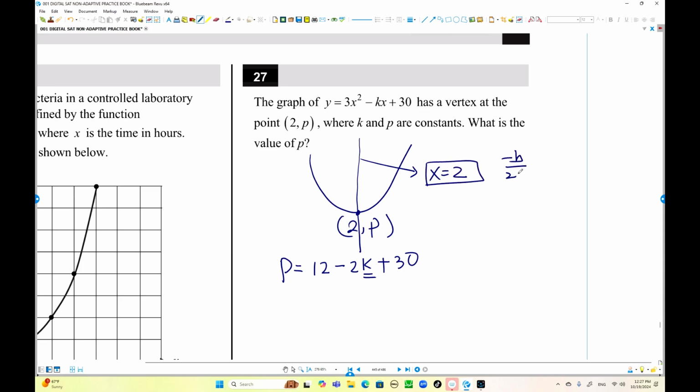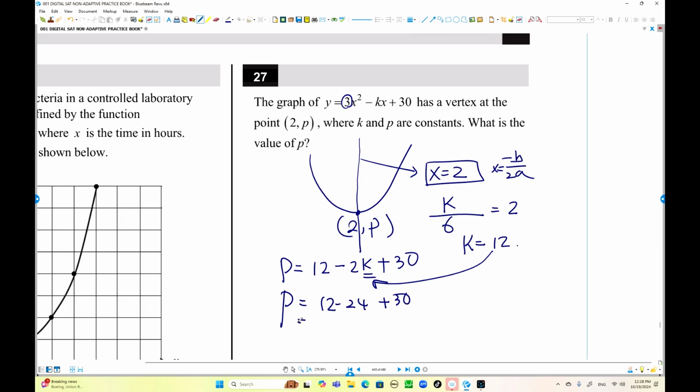Negative b over 2a, okay? So b is what? Negative k. Negative negative k is positive k over 2 times a, which is 3, that is 6. That equals 2, so k equals 12. Now put this number in there, and you get the value of p, right? 12 minus 24 plus 30. Okay, this is negative 12, plus 30, which is positive 18, okay?